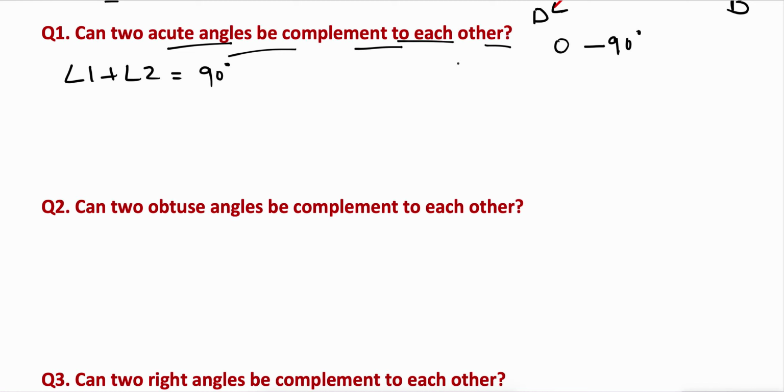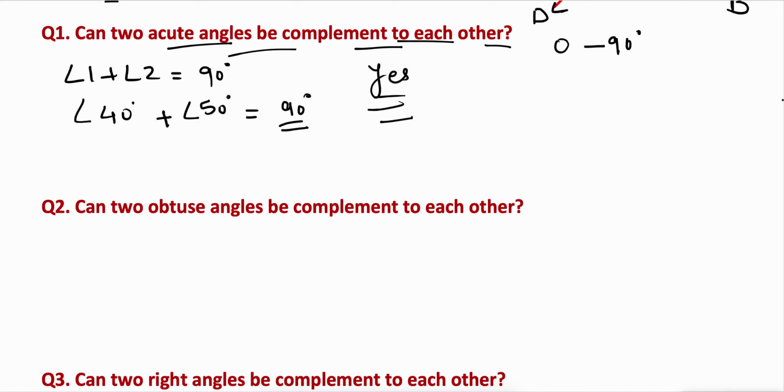So if angle 1 is an acute angle, suppose I take 40 degrees, and another acute angle I take 50 degrees, their sum is 50 plus 40, which is 90 degrees. So yes, the answer is yes. Two acute angles can be complementary to each other.